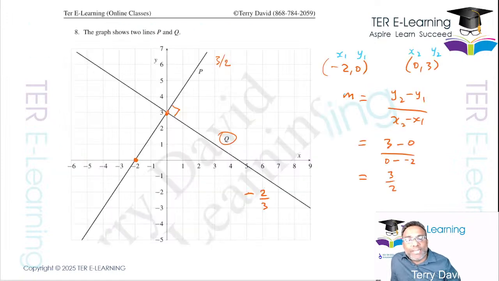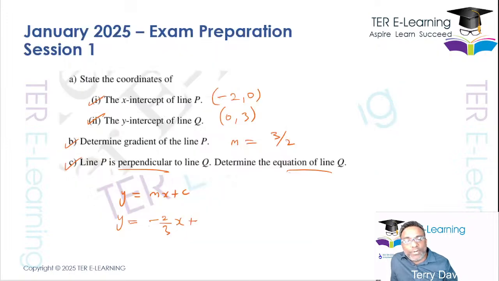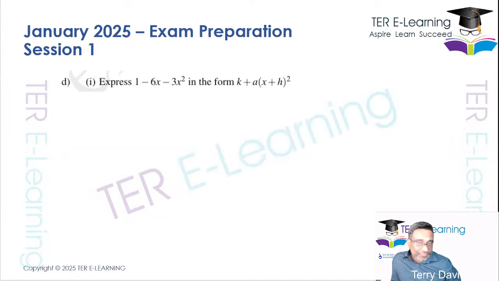The y-intercept is given by (0, 3). So there's no fancy calculation involved here. It is going to be y equals negative 2/3 x plus 3. That's it, right? So this one is not as difficult as some people think it is. That's all we do. Let's see what else we have to work out here now.